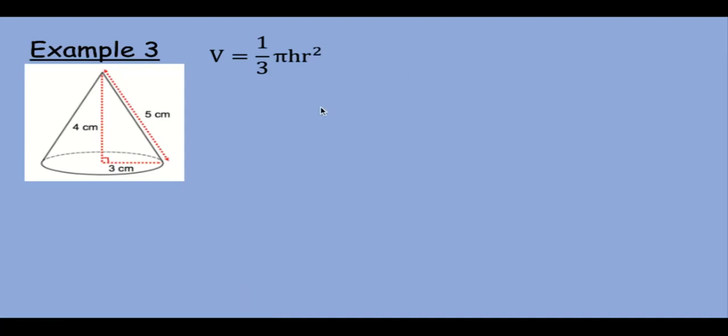Okay, so again, just rewrite the formula with the correct values in. So we've got pi multiplied by, our height is 4, radius is 3, so 3 squared, and then we divide the whole thing by 3.